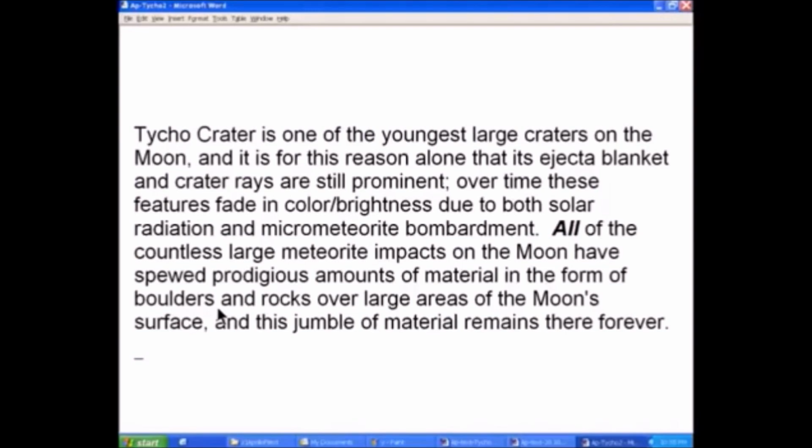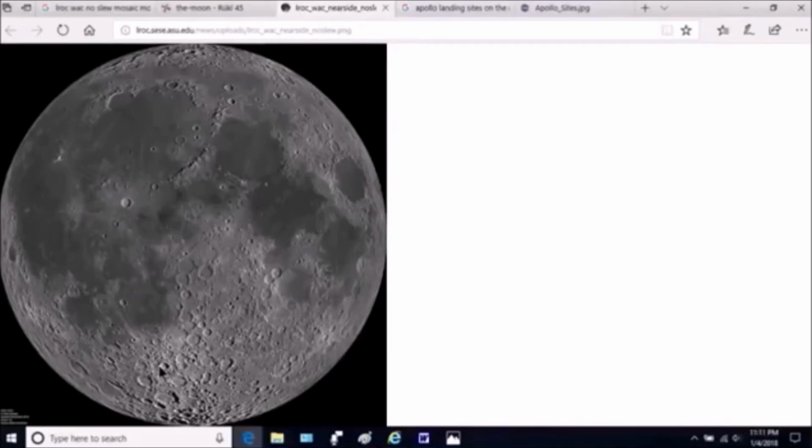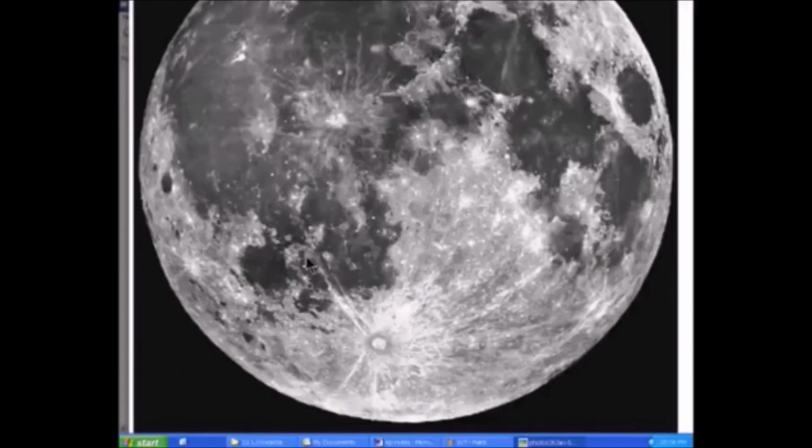The only reason that Tycho's crater rays and ejecta blanket are so conspicuous is that Tycho is younger than these others. So as you see here, Tycho's crater rays and ejecta blanket are conspicuous. Most others are not so conspicuous.